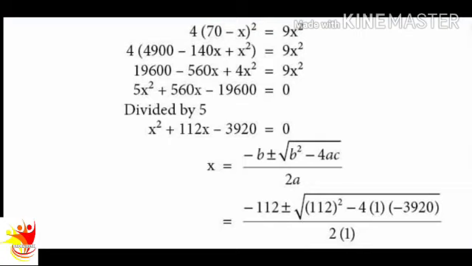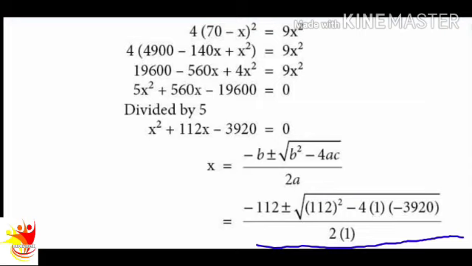A value is 1, B value is 112, C value is minus 3920. Apply the formula method. x equals minus b plus or minus root of b square minus 4ac, divided by 2a.